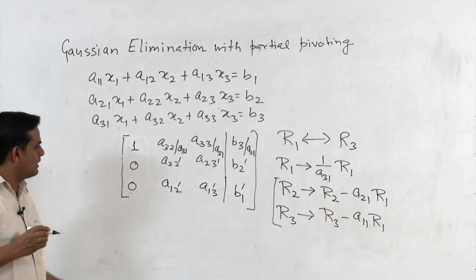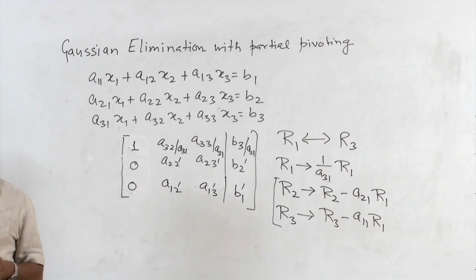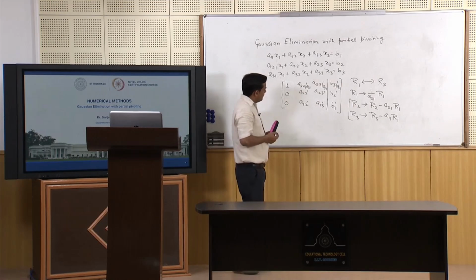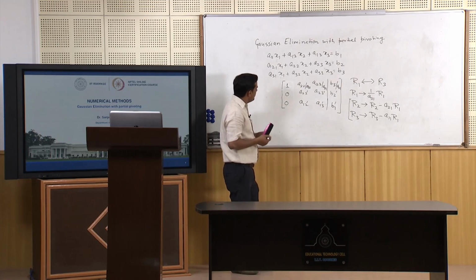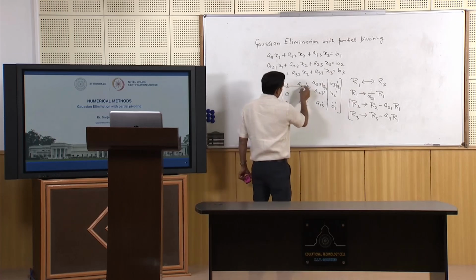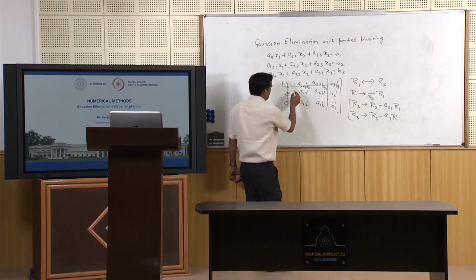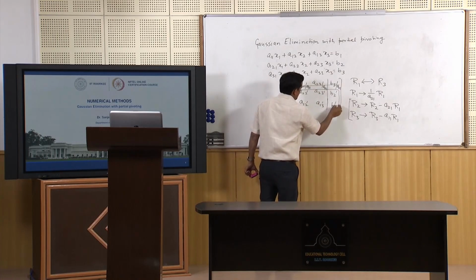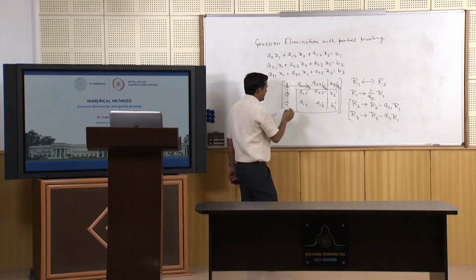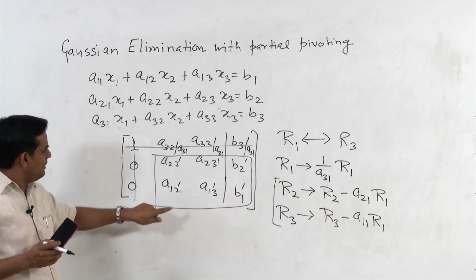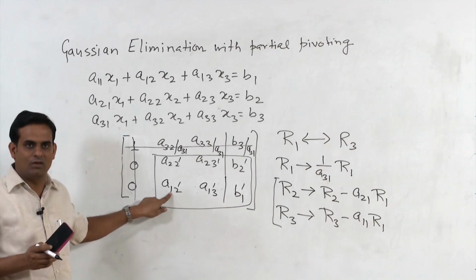So, this is the first pass of the Gaussian elimination method with partial pivoting. Now, in the second pass I will leave out the first row and first column and perform the same operations on this submatrix in such a way that this entry becomes 1 and this entry becomes 0.